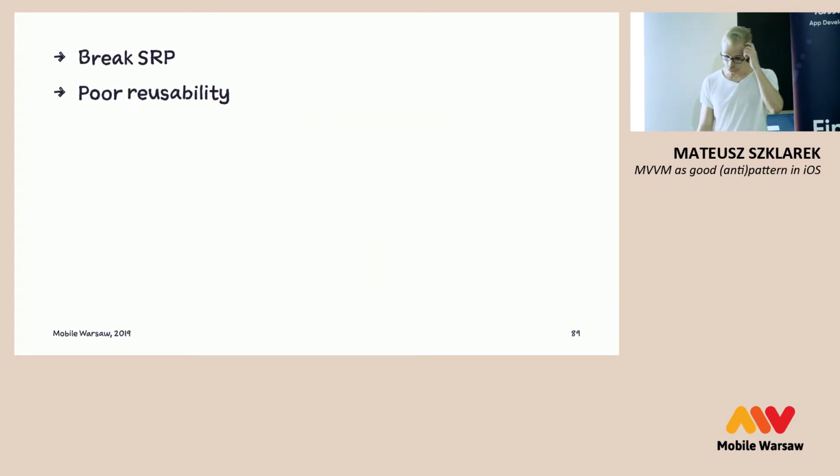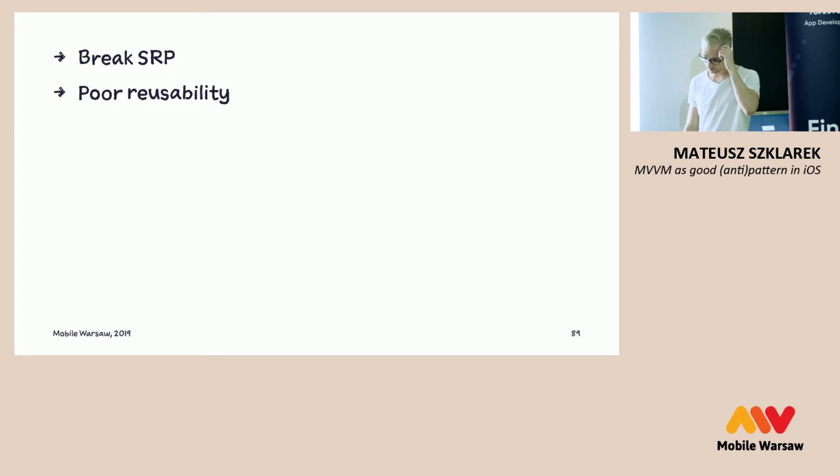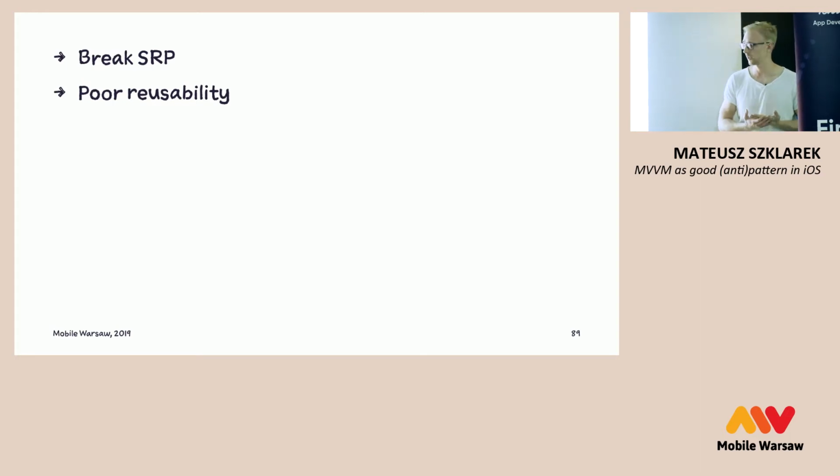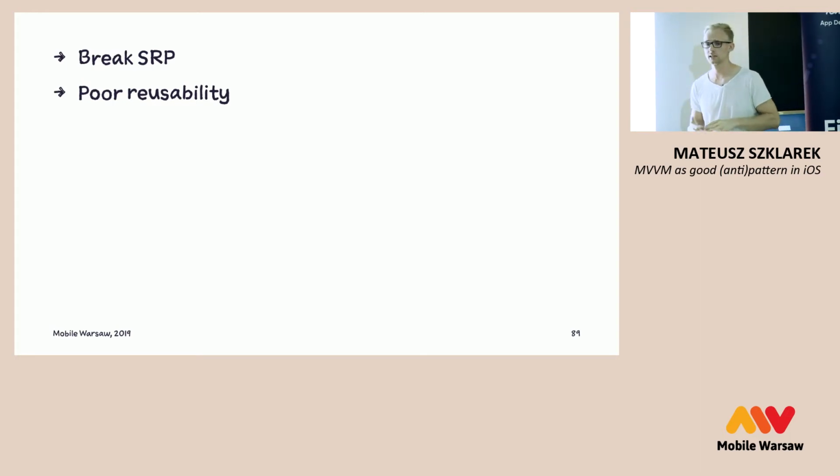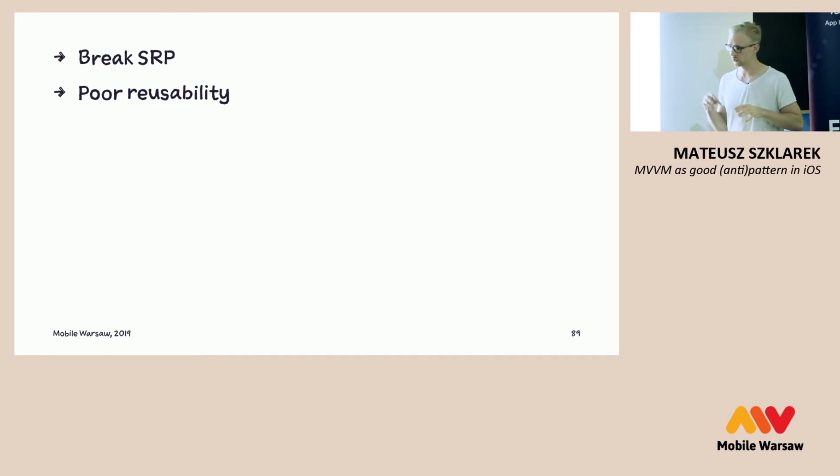Another thing is poor reusability. The big amount of different things which happen in a single view model class makes this class hard to reuse. They are so focused on formatting specific labels, being a delegate or data source of a specific table view.